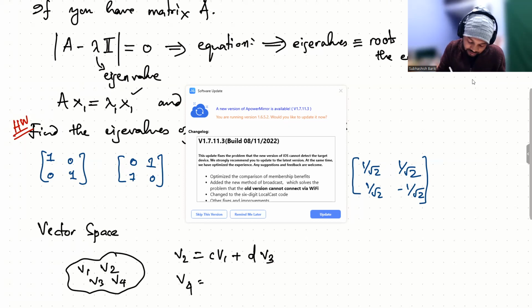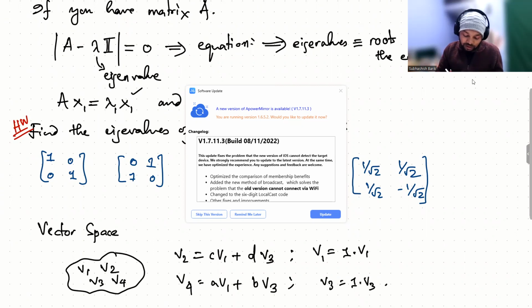And v4 I can write as, let's say, some a times v1 plus some b times v3, and I can write v1 as, of course, 1 times v1, and v3 as, of course, 1 times v3. So essentially what I'm telling you is that just by using v1 and v3, by taking their linear combination, some number times v1 and some number times v3, I can represent all the elements of this vector space V.